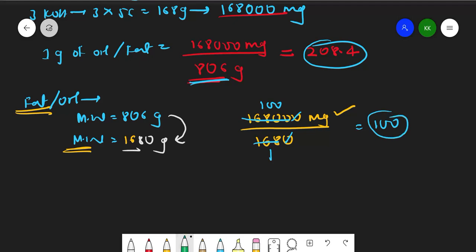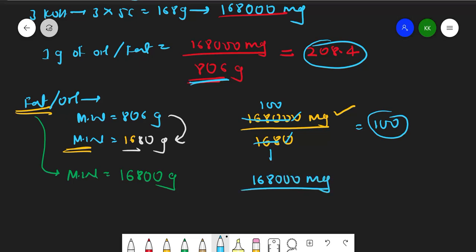Now again I will increase the weight of my fat to 16800 gram. Again I'll calculate the saponification value, that is 168,000 milligram of KOH required to neutralize 16800 gram of fat.